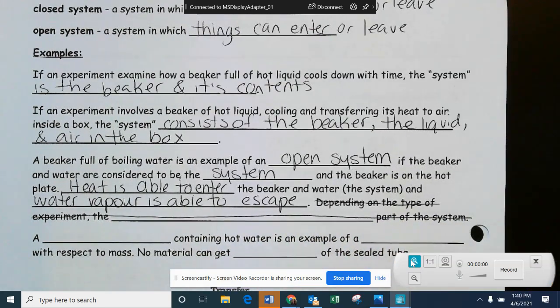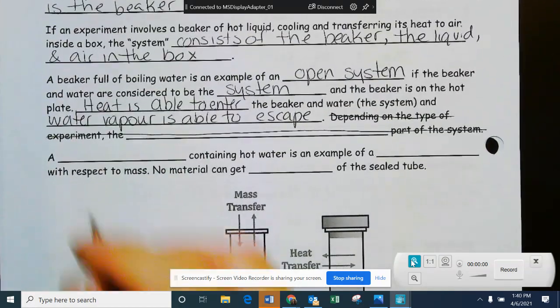Okay, so a beaker full of boiling water is an open system. The beaker and the water are both considered to be in the system, and the beaker's on the hot plate. Heat can transfer. So this is an open system because our water vapor is escaping.